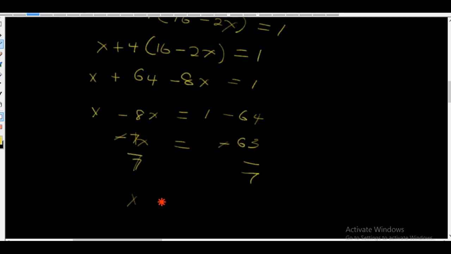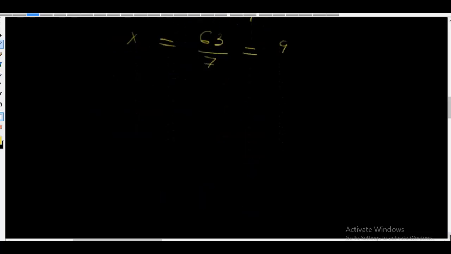So x is equal to 63 divided by 7, which is equal to 9. Alright, from this calculation it shows that x is equal to 9.